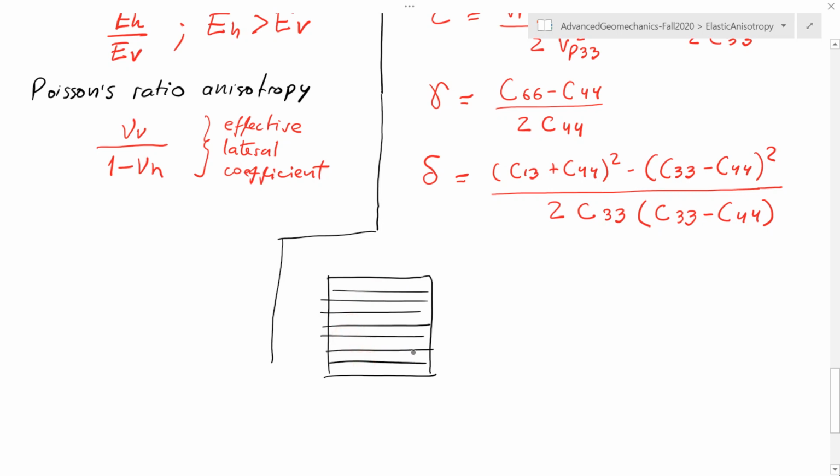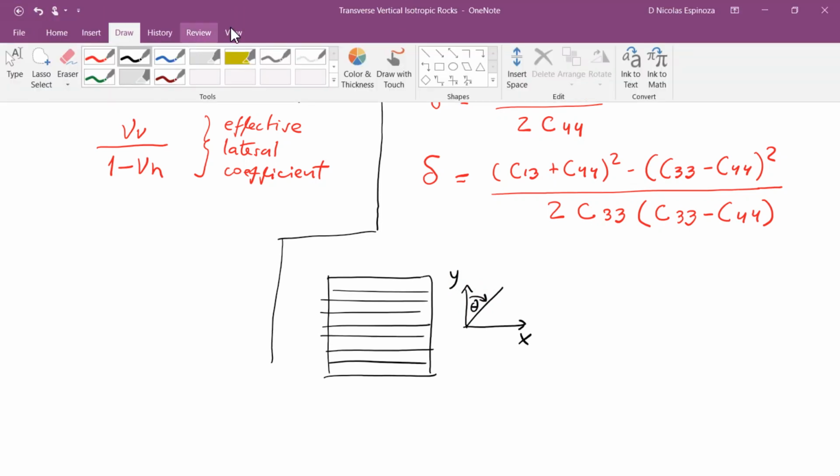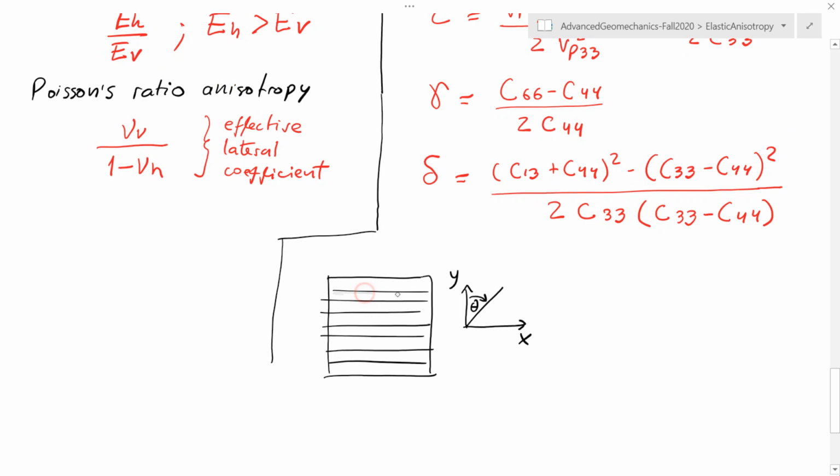So imagine this stratified geological formation with axis X and Y, where I'm going to define an angle theta measured from the vertical direction. And let me add some shading here just to make my point that these are layers causing anisotropy, actually mechanical anisotropy in the system.